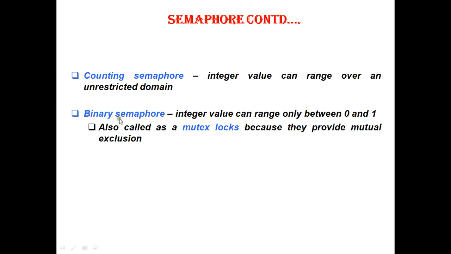It is also called a mutex lock because the binary semaphore provides the mutual exclusion condition, which is one of the solutions for the critical section problem.